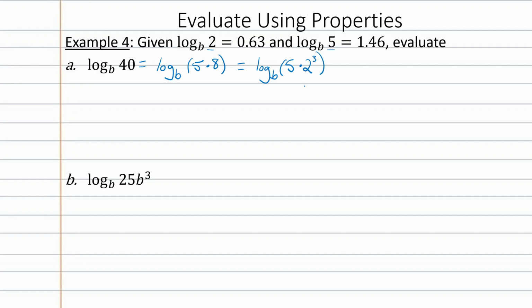Then I can use my properties to break it up into single logarithms. So it would look something like the log base b of 5 plus the log base b of 2 to the third power. And then I can use my property that says I can pull that exponent to the front.